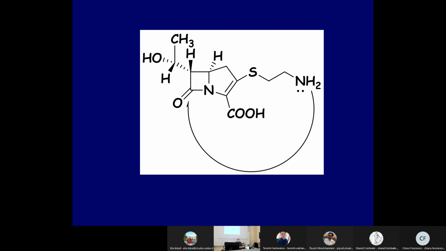Because you can see how the amino group is able to give an intramolecular attack to the beta-lactam ring. So you can isolate this compound, and after a few minutes, this compound is completely inactivated by an intramolecular attack due to the presence of this amino group on the chemical structure.